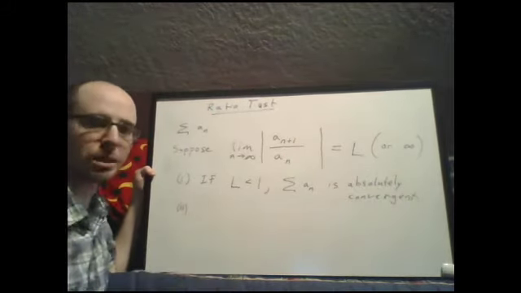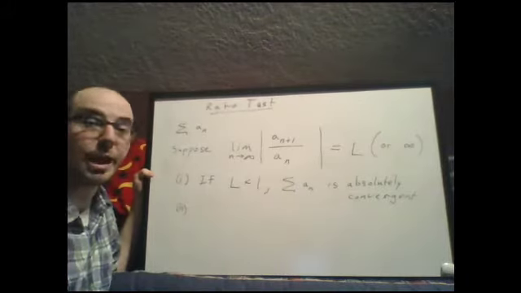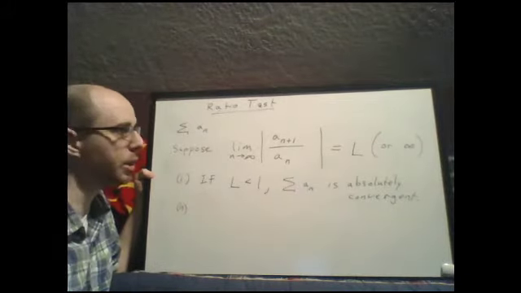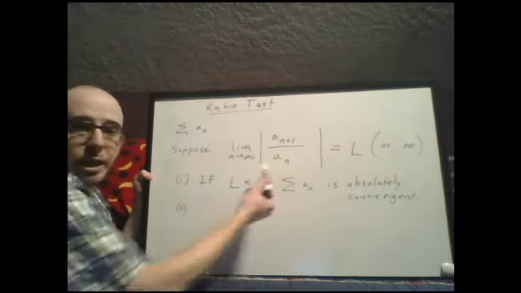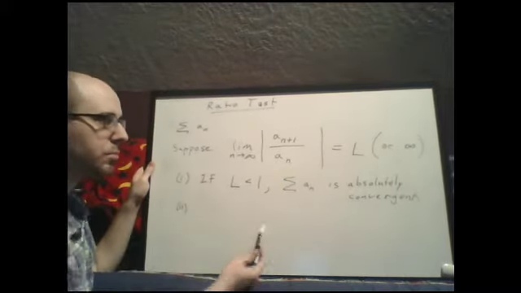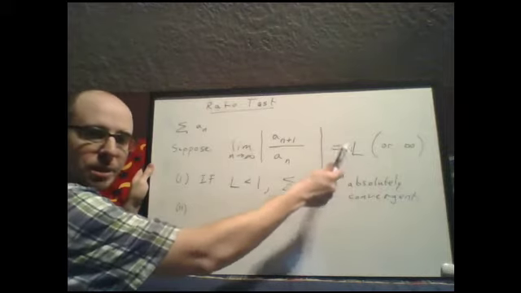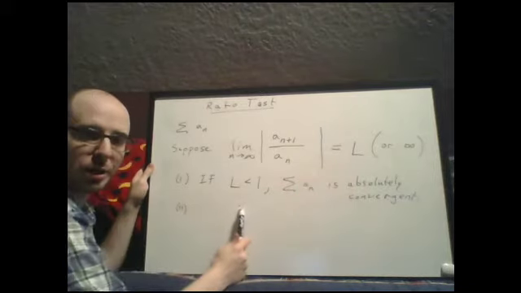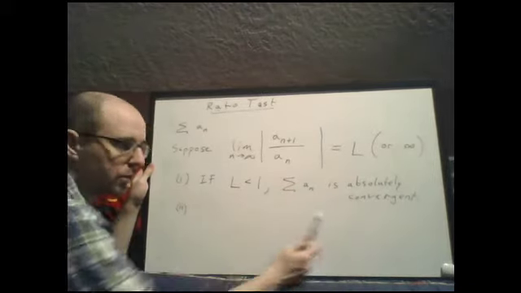So my limit comes out to be a small number, less than 1. That includes 0, so it could be 0. It'll never be negative, though, because we're taking a limit of a positive sequence because of the absolute values. But if this answer comes out to be a small number, less than 1, then we have absolute convergence.